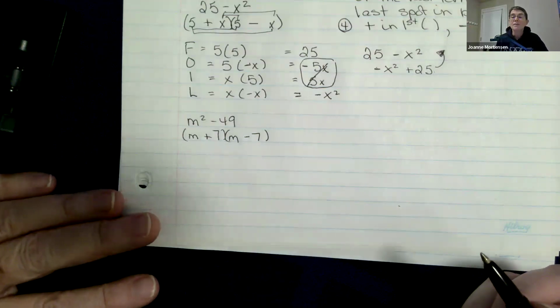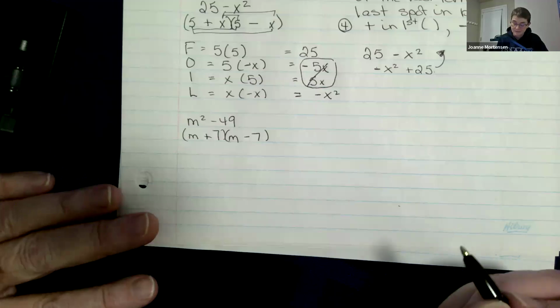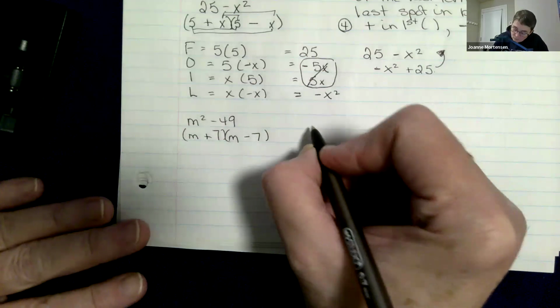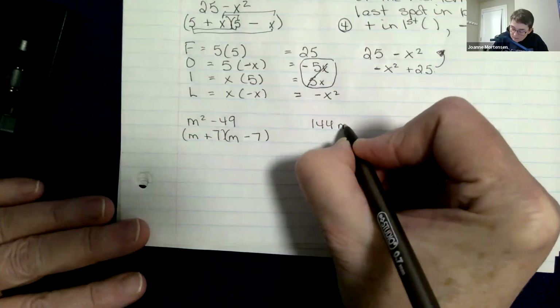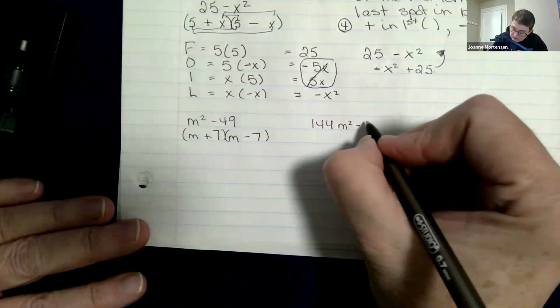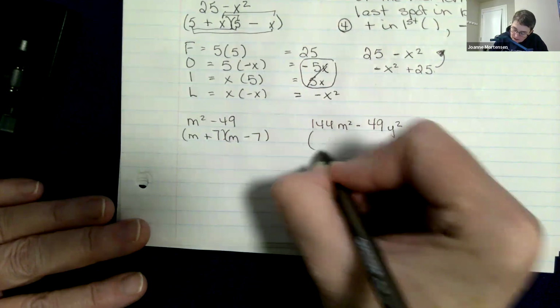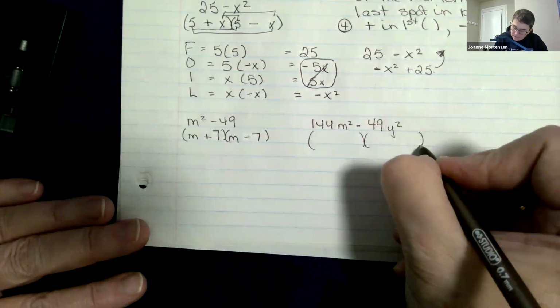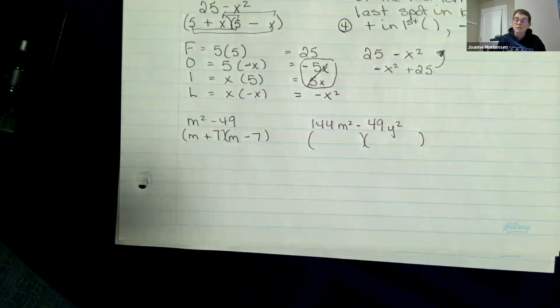I'll finish these ones up and then I think that's as far as I'm going to go in this video because I have a feeling it's getting long. So I have 144 m squared minus 49 y squared. 2 brackety bits. So we have to be careful. We need the square root of the whole first term.